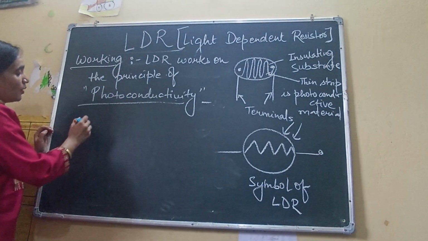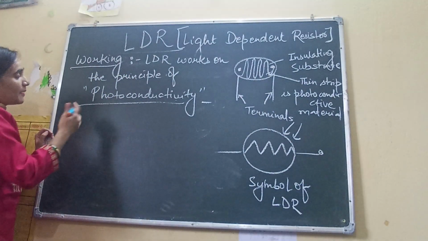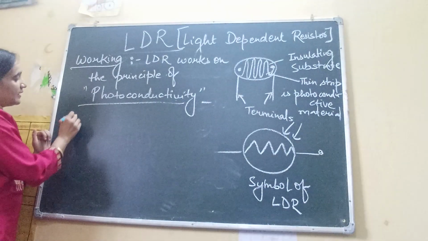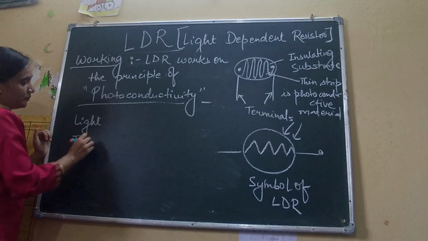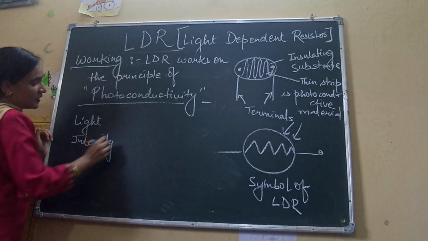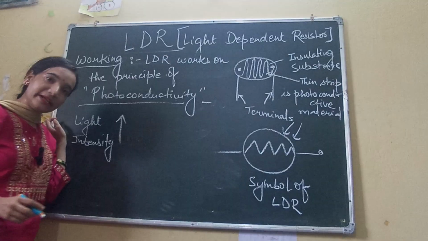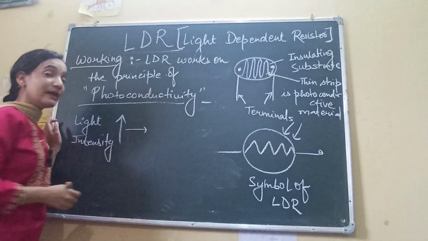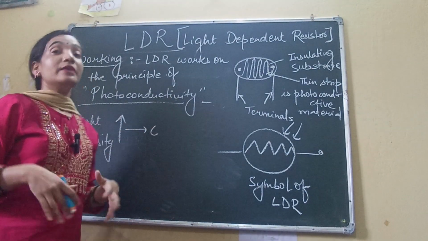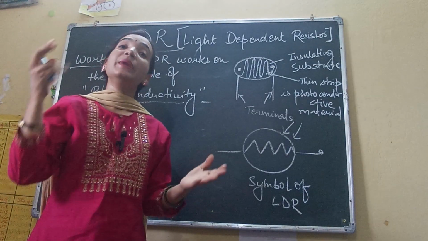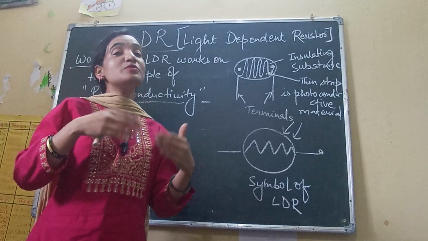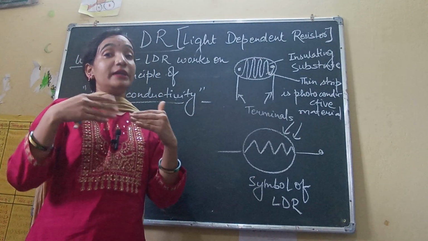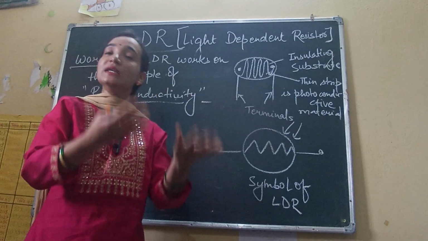Let us see what is happening. If the light intensity increases, it will strike more atoms, and when it strikes more atoms, those atoms will try to go from the valence band to the conduction band.